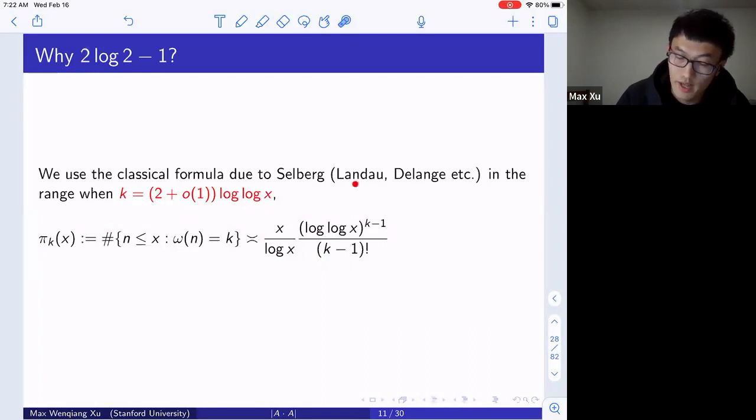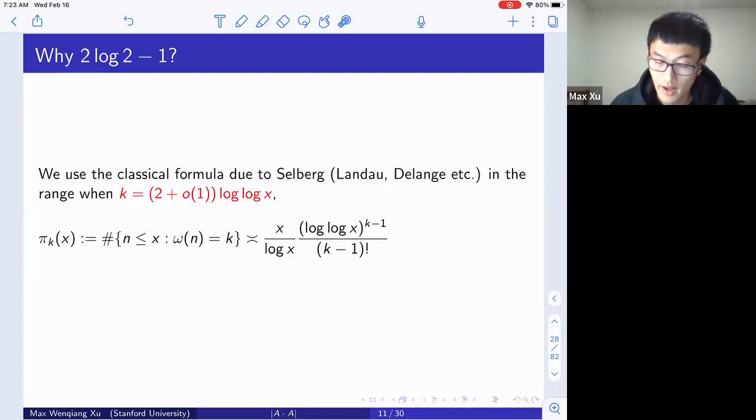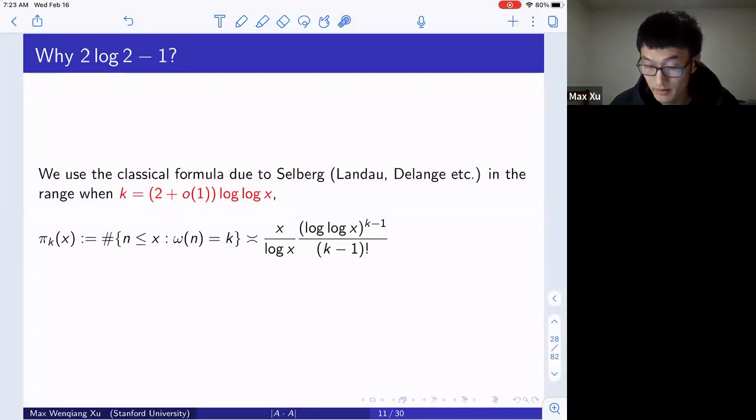I think this is due to Landau. Then for the range we are interested in, where k roughly looks like 2 times log x, I think it's due to Selberg, usually called Selberg's formula. In some other ranges, this was done by, for example, Delange.